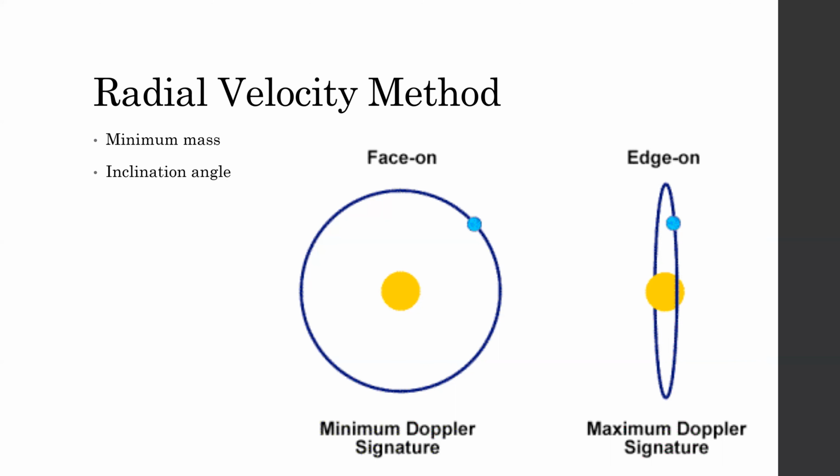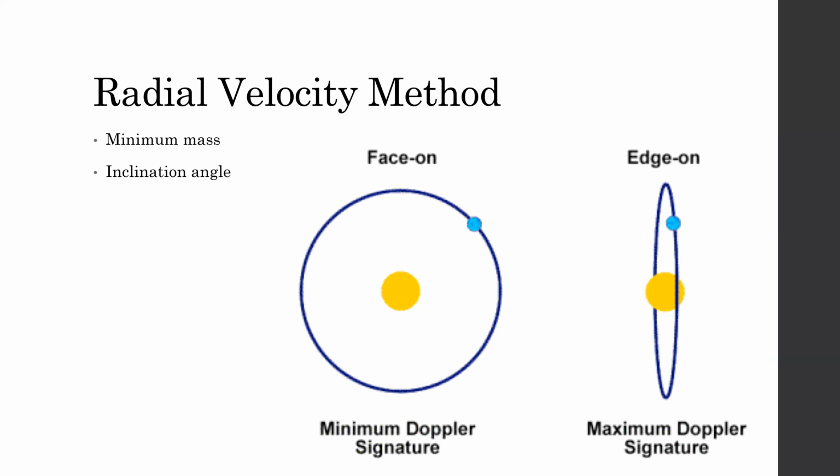But if the planetary system is edge on, then we can see the maximum Doppler signature because everything will be in the radial direction relative to us. And of course, there's a great number of systems that are in between these two. That's why we have to use the term minimum mass. Astronomers use the inclination angle, which is denoted by i.